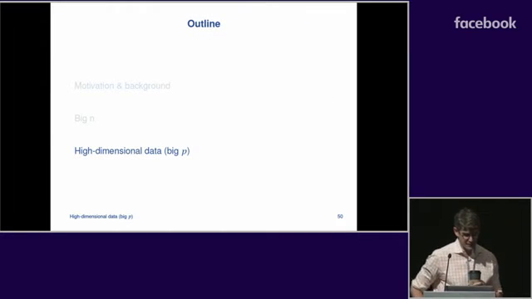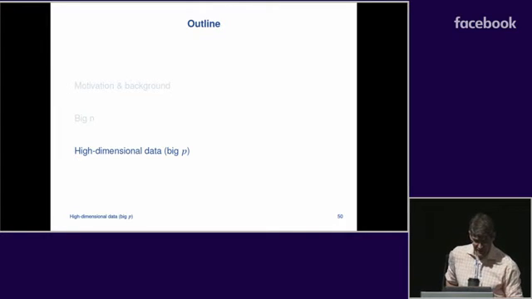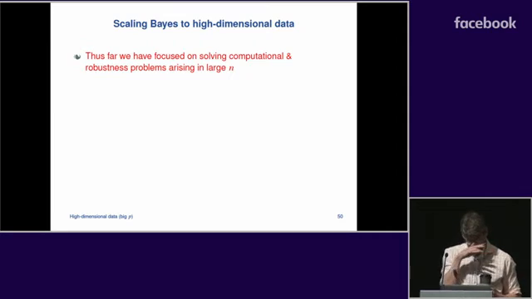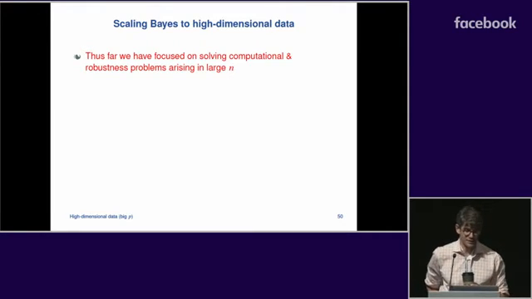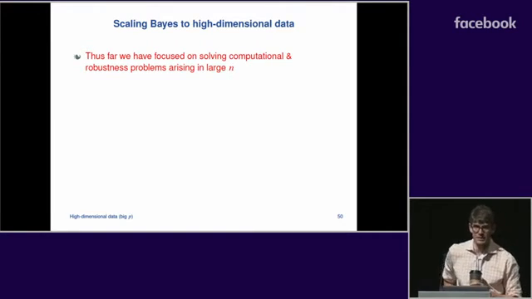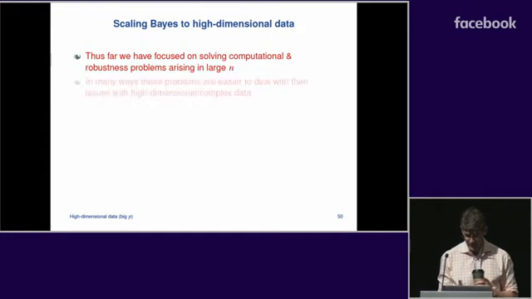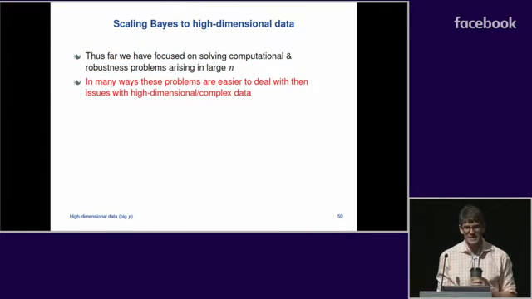Okay, so in the remaining time, I'd like to just transition to talking about high-dimensional data, okay, or big P. So we focused so far on solving computational robustness problems arising in large N. And I would say in many ways these problems are quite easier to deal with than issues with high-dimensional complicated data.